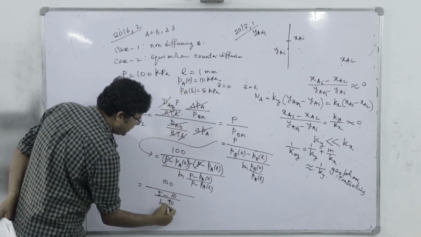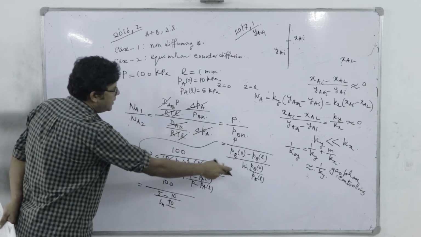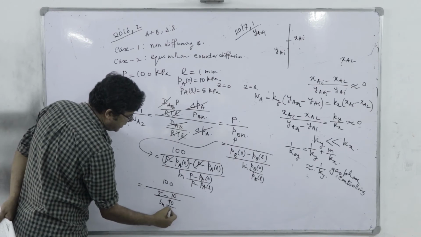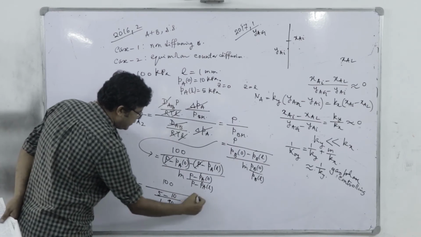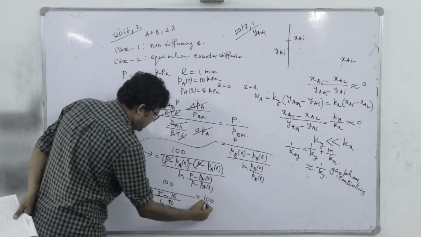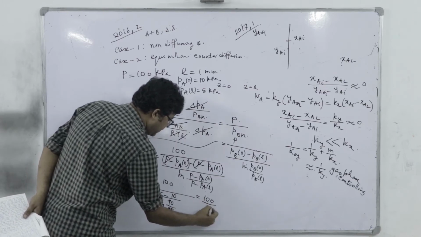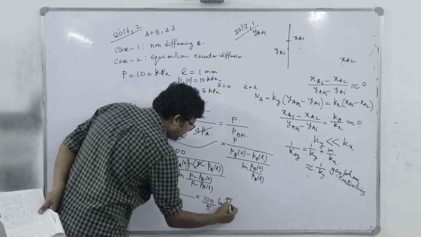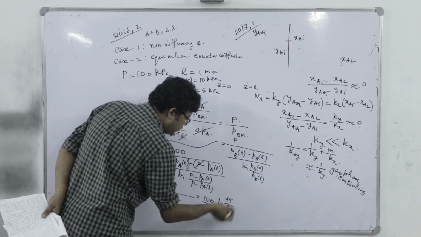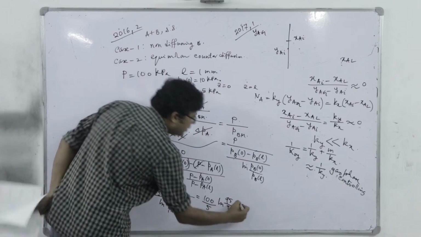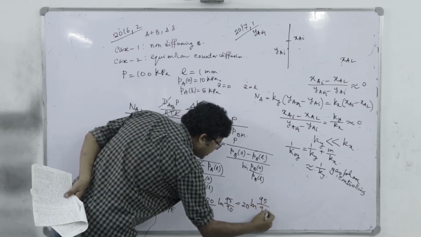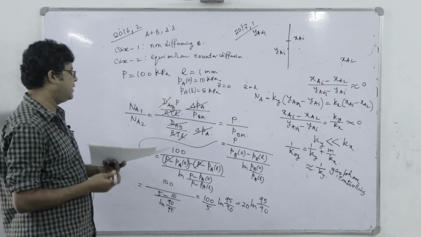So, this is 90, and PAL is 5. So, PBL will be 95. So, 100 divided by 5, we include the minus, into ln 95 by 90. We shift the numerator and denominator of this log. So, 20 ln 95 by 90. So, now you can solve and get the answer.